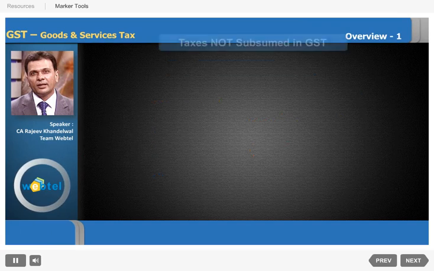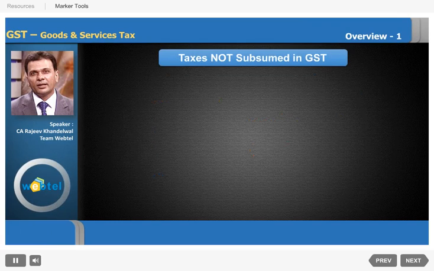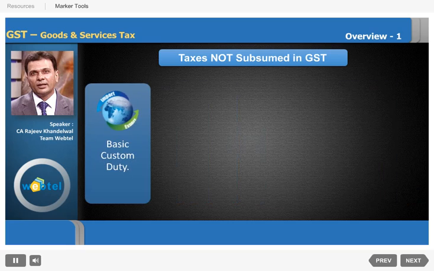Taxes not subsumed in GST. But as I said, some taxes will not go into GST. They will still remain, like the basic customs duty. Yes, when you import goods, you will continue to pay customs duty.